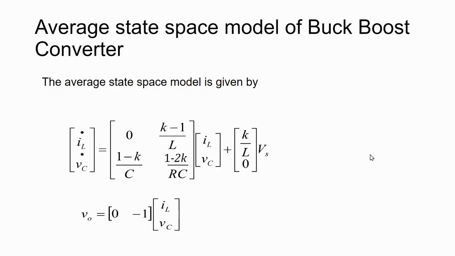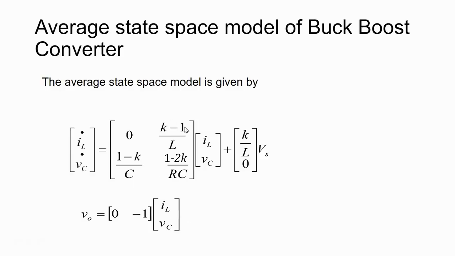Substituting A1, A2, B1, B2, C1, C2, we get the average state space model of the buck-boost converter as given by the following two equations. The first equation is the state equation, which is nothing but [IL dot, VC dot] equal to [0, K minus 1 by L; 1 minus K by C, 1 minus 2K by RC] into [IL, VC] plus [K by L, 0] into Vs. The output equation is V naught equal to [0 minus 1] into [IL, VC].